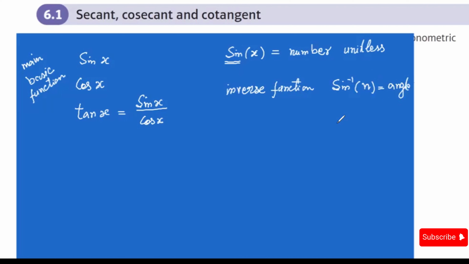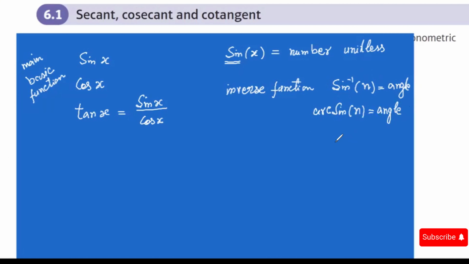So what will be the value of the angle? This is an inverse function, so we also write it as arc sin of some number, which goes to the value of the angle.